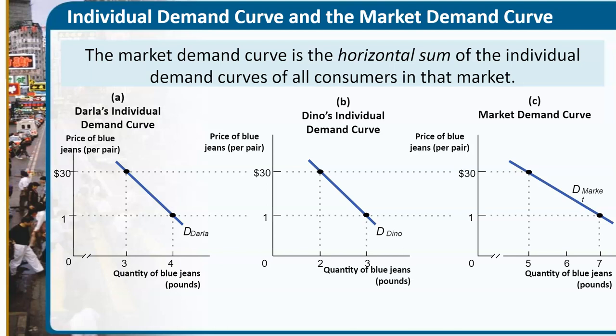That's what we see in part C. We see the market demand curve here that is basically all of the individual demand curves added up into C, which is the market demand curve. So all of those price points are indicated in this downward sloping demand curve, which is what we see here. So think of it as the horizontal sum. You're adding together all of these price points at 30, and the market demand curve is whatever that quantity is at 30. Same is true of the others. So A plus B equals C is a great way to remember that.